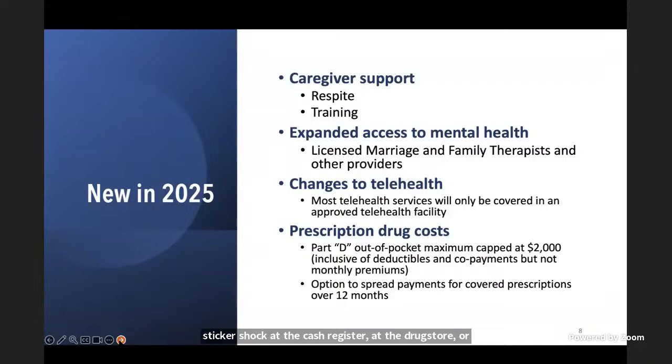It's akin to the electric company providing you average billing for your electric bill. You'll be able to spread payments for prescription drugs out over 12 months in hopes to kind of normalize and stabilize some of those wild swings that you may experience when you go to pick up some of your prescription drugs. So these are the big things for 2025.